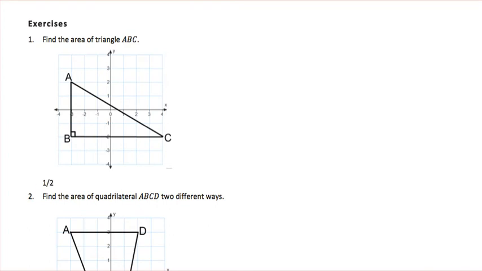So we have 1/2 times our base, 1, 2, 3, 4, 5, 6, 7, times our height, 1, 2, 3, 4. So 1/2 times 7 times 4 is 14 square units.